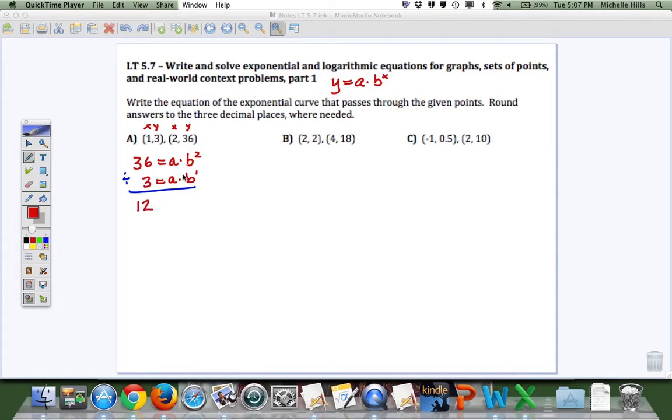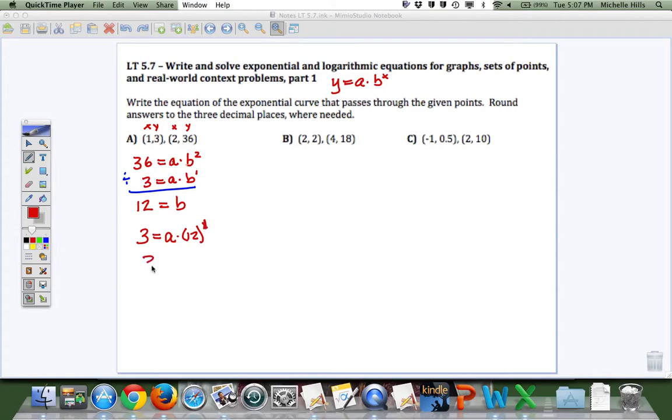ab squared divided by ab to the first is just b to the first, because the a's would cancel, and b squared divided by b to the first is just b. So now I know in my final equation that the b is 12, but I don't know what the a is. I'm going to go back to one of my equations. y equals the a I'm looking for times b, which is 12, to the x is 1 in this case, to the first power.